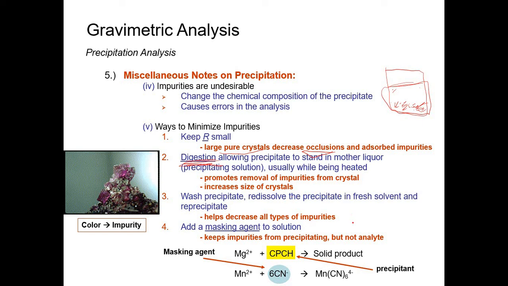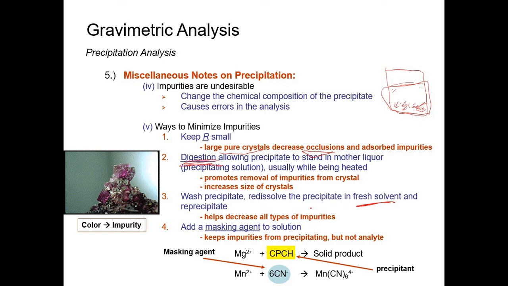So this could help decrease all types of impurities, whether adsorbed, occluded or included. Washing and redissolving the precipitate in fresh solvent and then ibalik nimo og pa-precipitate will usually decrease all types of impurities.